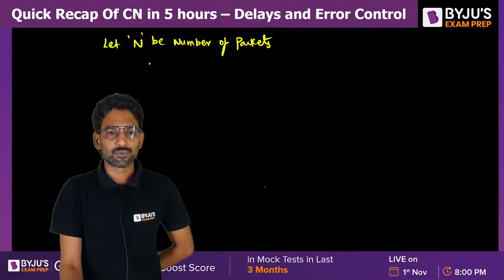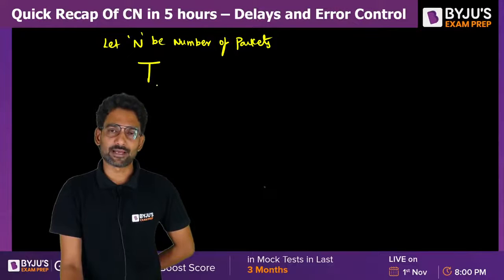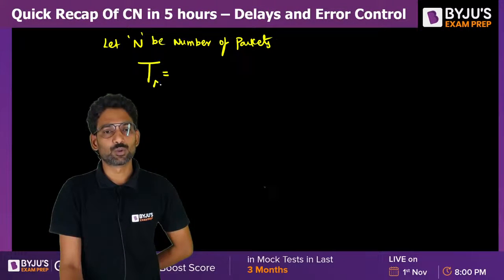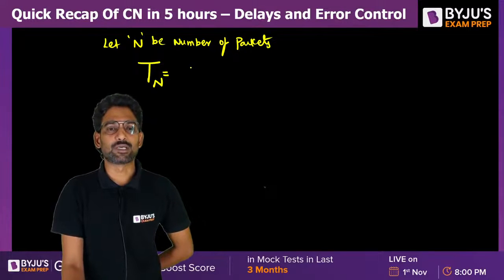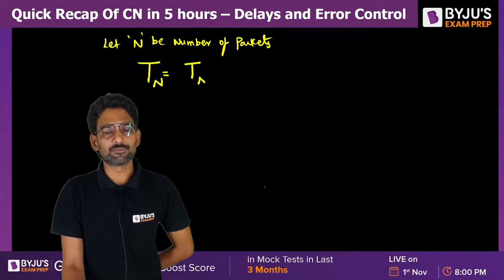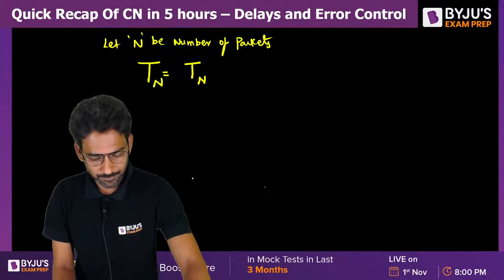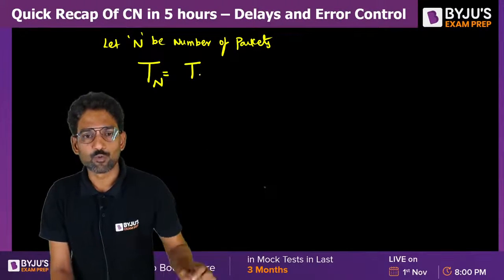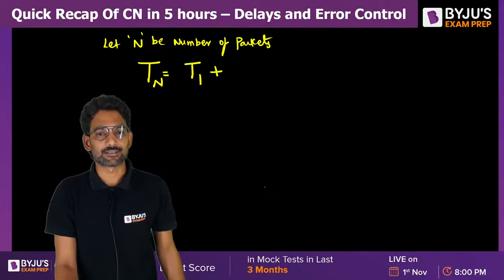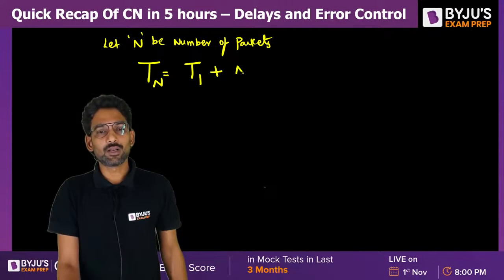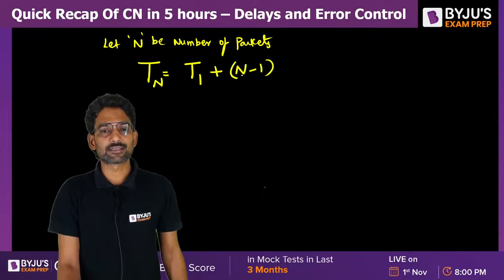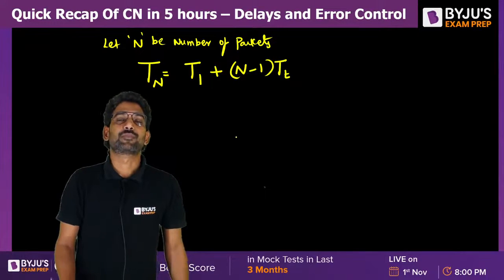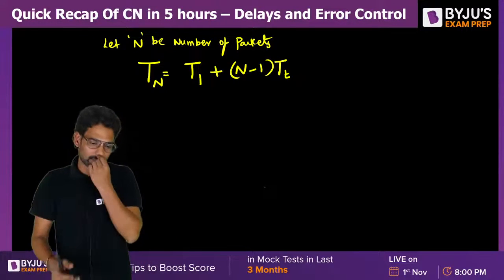If so, the total time for n packets is equal to the total time for one packet plus the transmission delay of all the remaining n-1 packets. If you count, you will get the total time, dear friends.